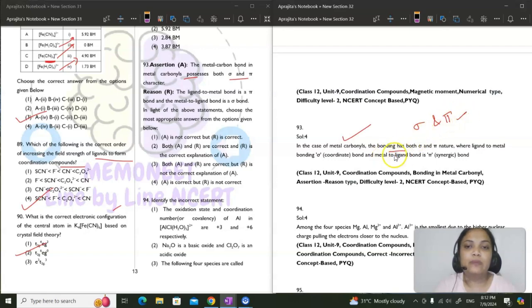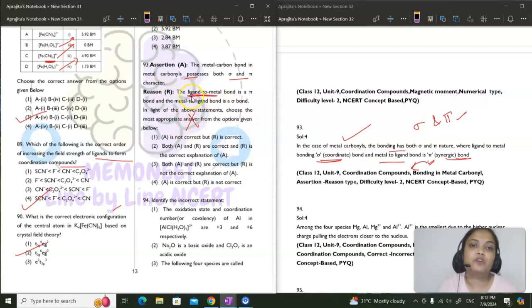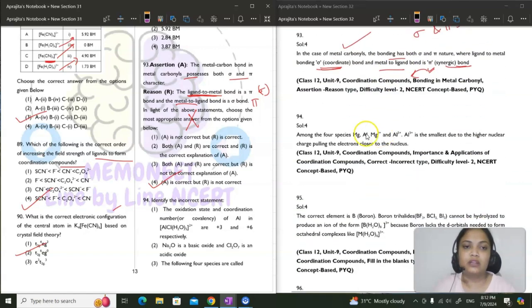So the ligand to metal bond is a sigma bond, all right. And then metal to ligand is the pi back bonding, which is called the synergic bond. So assertion is true, but reason is not true, because ligand to metal will be a sigma bond and metal to ligand will be a pi bond. So answer is option 4. Assertion is correct, but reason is not correct.